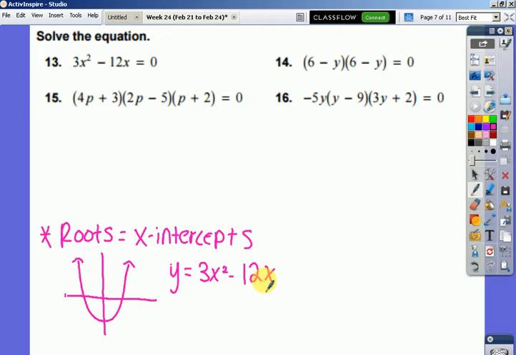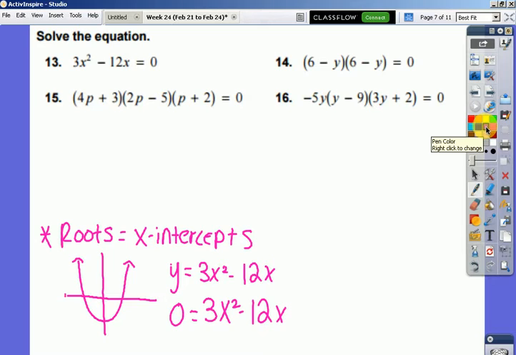I might not even supply you with what the graph looks like, and I'll tell you, tell me where the graph crosses the x-axis. And you should automatically think, okay, I'm going to have to set that polynomial function equal to 0 if it's not already set equal to 0, which those are, and then I'm going to have to factor. So, for that first one, when I factor, what is the greatest common factor that I pull out from both of those terms?